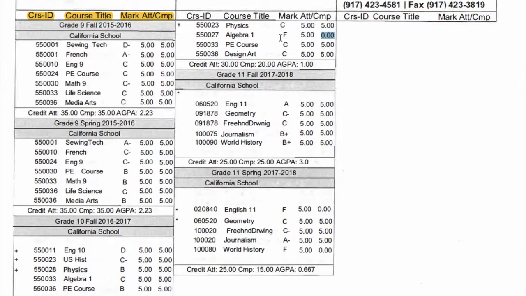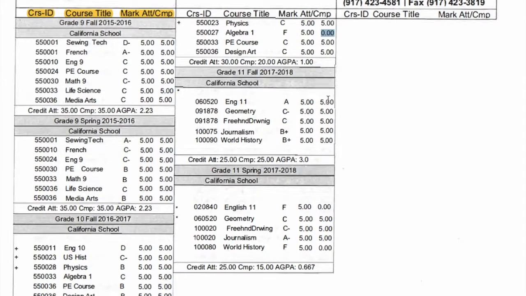The difference between getting a C or even a D at the worst case scenario is that the class will still count if you earn those 5 credits, whereas when you get an F, you get 0. And so all the time you spend in that class really didn't earn you any credits, and you'll have to take the whole thing over again and spend another semester learning the same material.